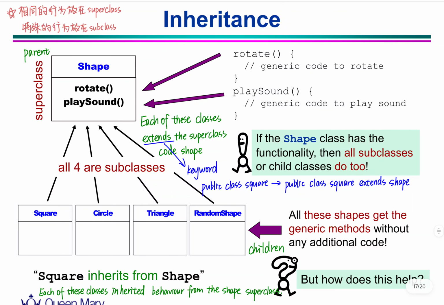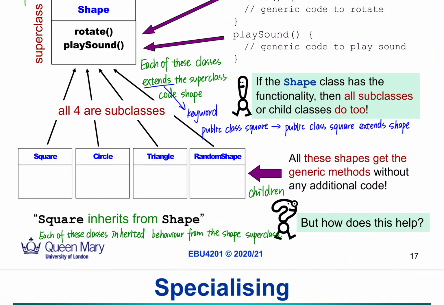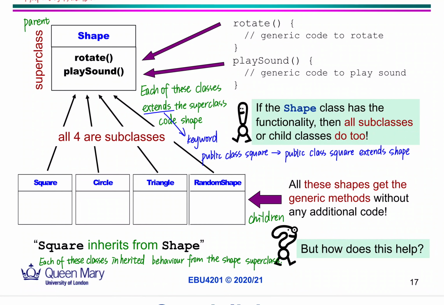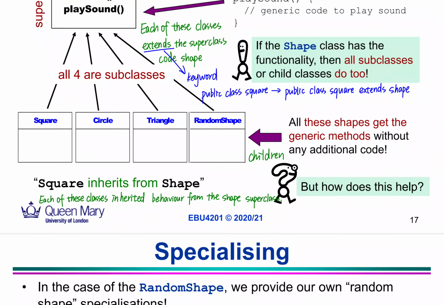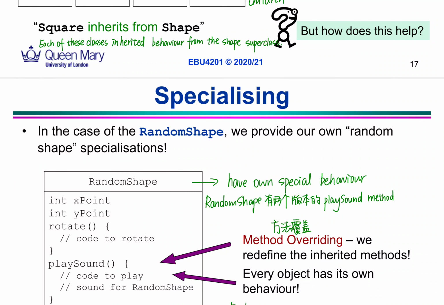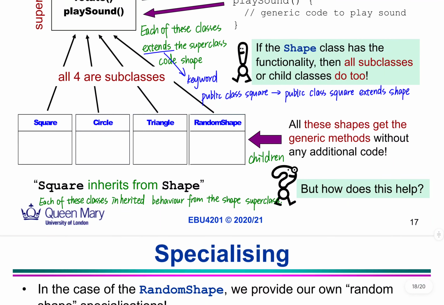So we save, rotate, and each of the classes extends the superclass, has the functionality that the child gets from the parent. All shapes get a generic method without any additional code. Square inherits from Shape. But how does this help?